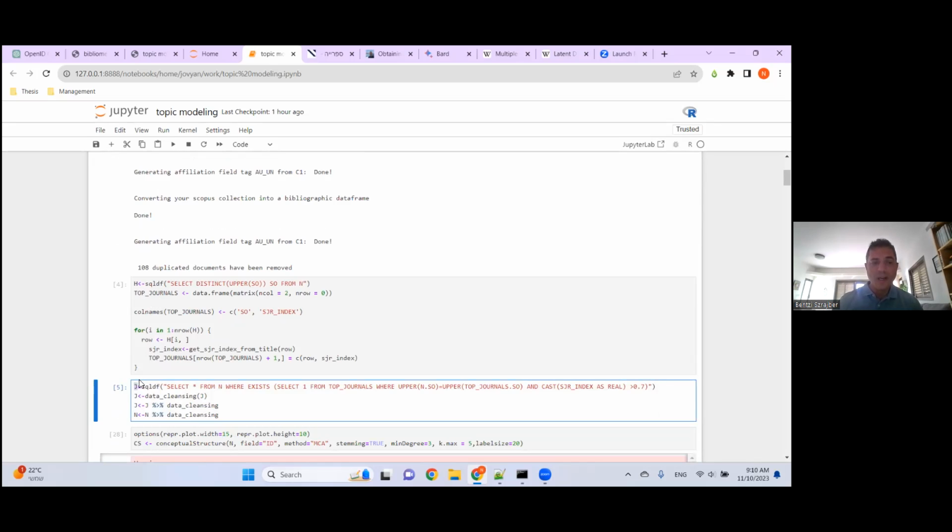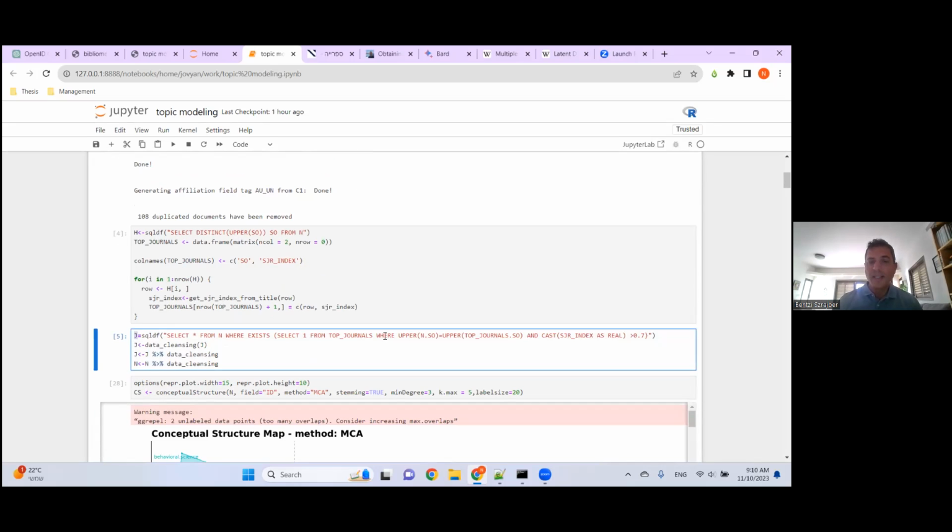And I have another one, which is smaller, and it contains only the articles that were published in a journal or by a publisher which has more than a 0.7 rate, which is more or less Q1. So again, this is not related to topic modeling or text mining, but it's the baseline that I use for the analysis.